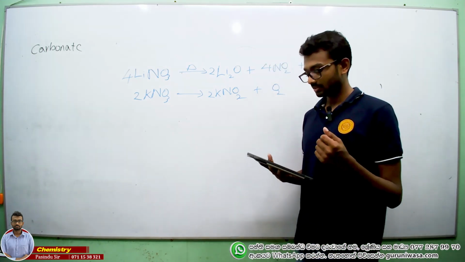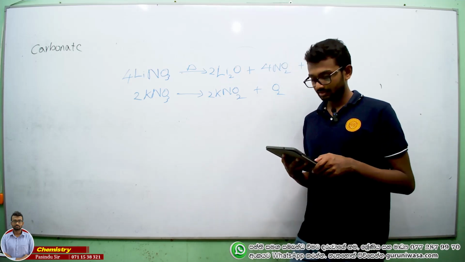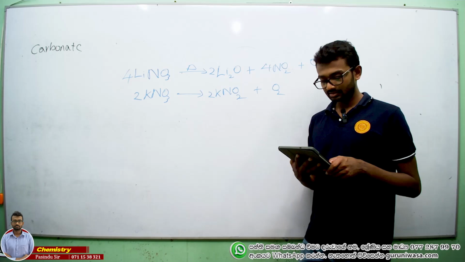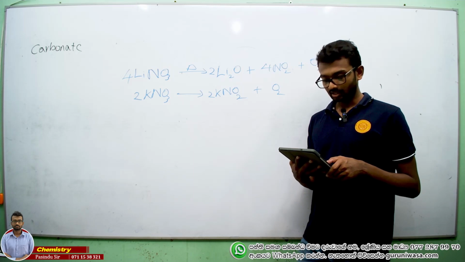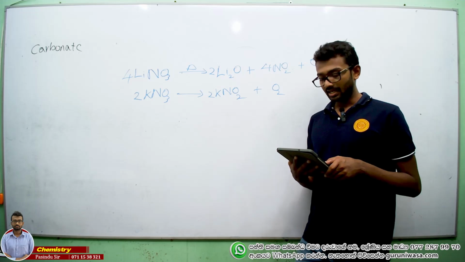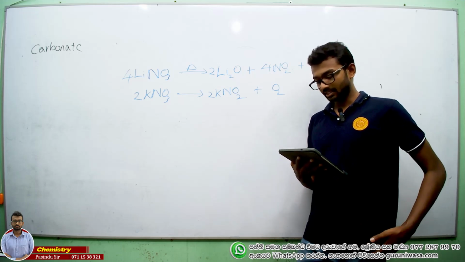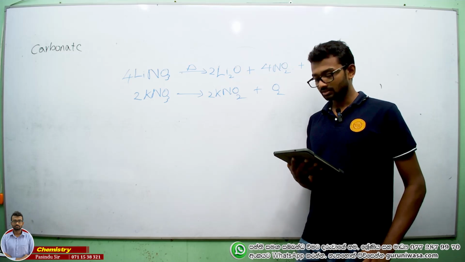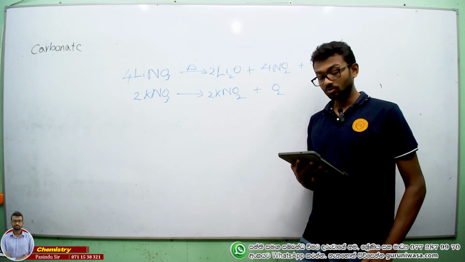Write down: carbonates are stable and melt before they decompose into oxides.